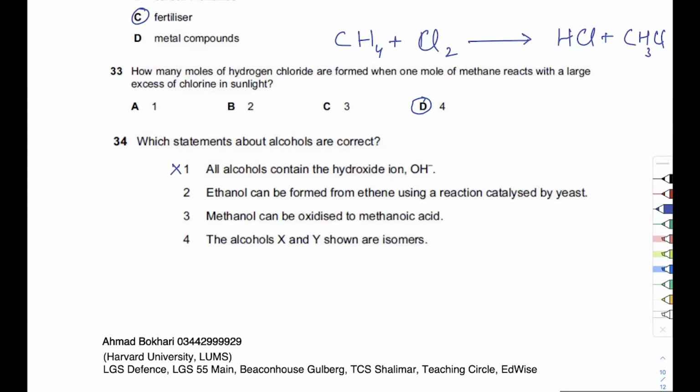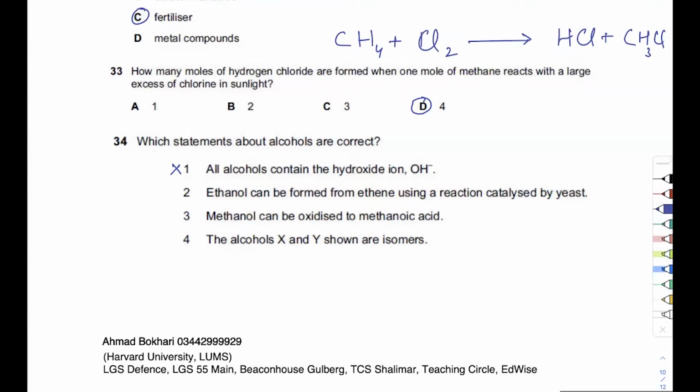Number 2, ethanol can be formed from ethene using a reaction catalyzed by yeast. This is again a difficult statement to comprehend because we do know that yeast helps make ethanol, and we also know that ethene helps make ethanol. But the problem is that making ethanol happens through 2 processes. One is when you add steam to ethene.